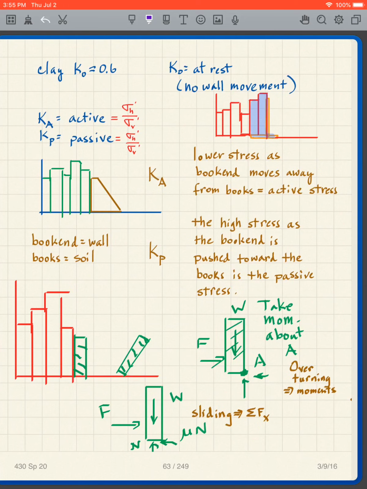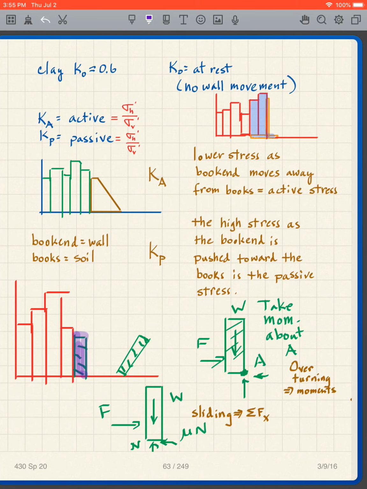Now, the other thing about this bookend is notice its shape. It's deliberately trapezoidal because we want a wide base. Why do we want a wide base? Well, let's think about it. Why is this bookend, if I took a very heavy steel bookend shaped like that, why doesn't that work?